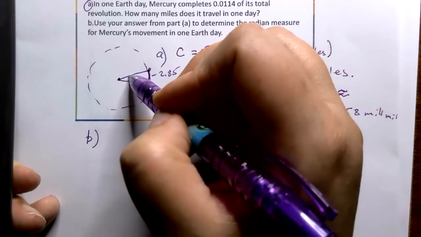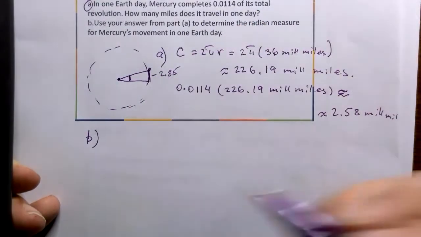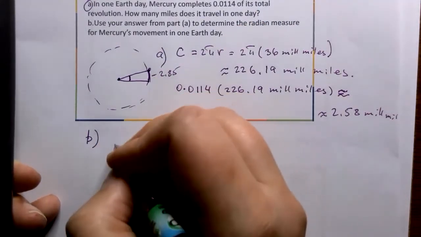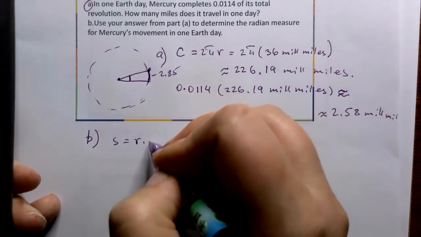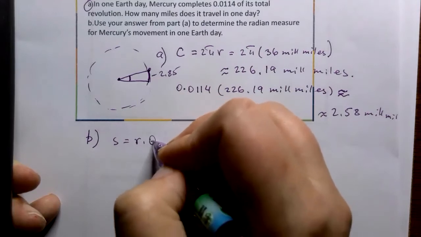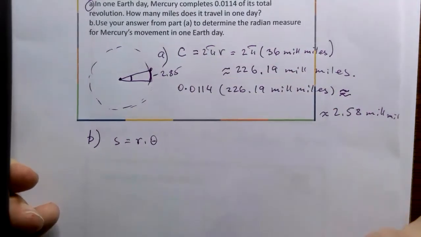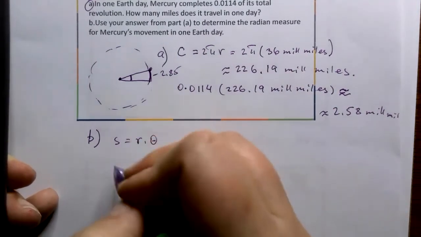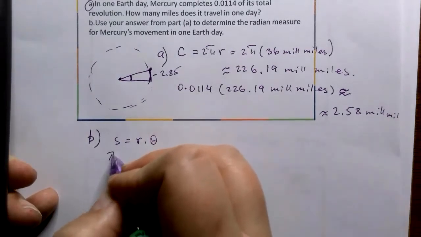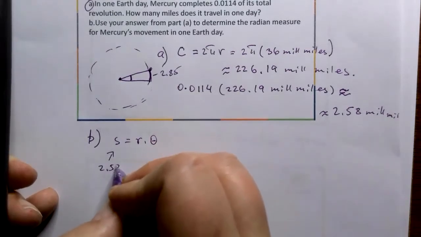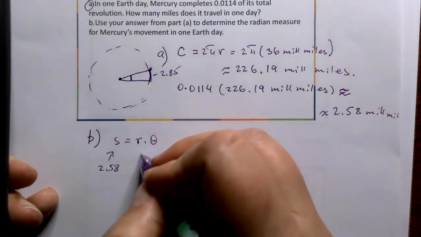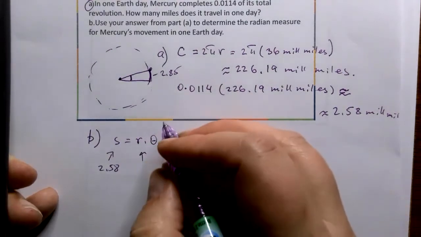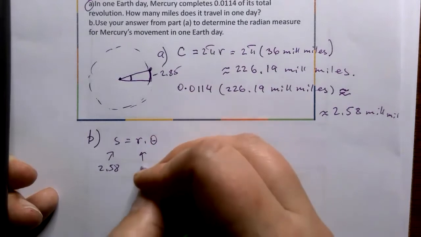Now, they want us to find the angle. Well, we know the formula, right? S equals R times theta. So we need to find theta. We know S now is 2.58 million miles, and we also know R is 36 million miles.